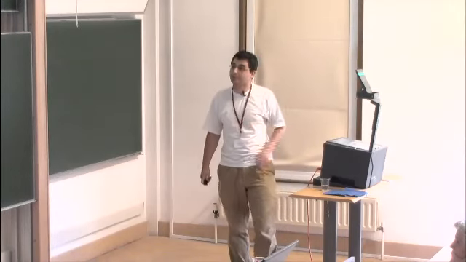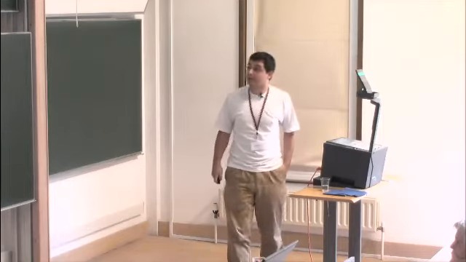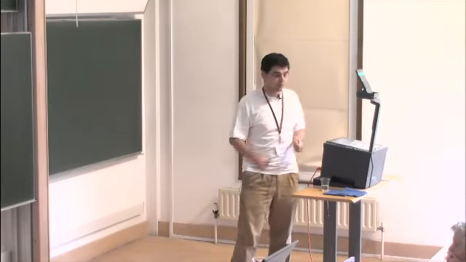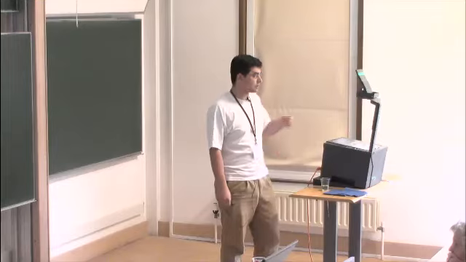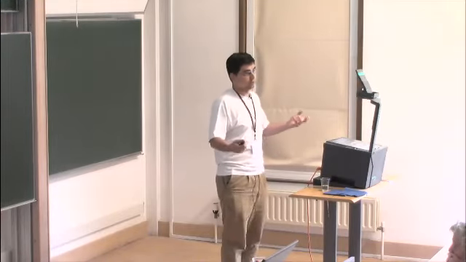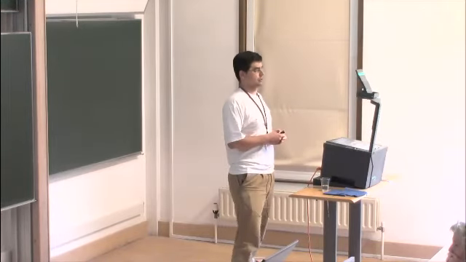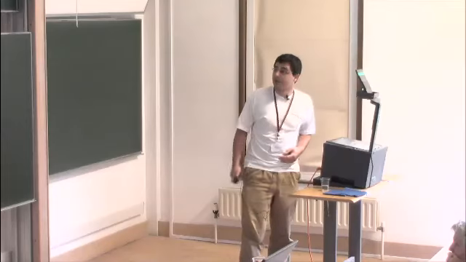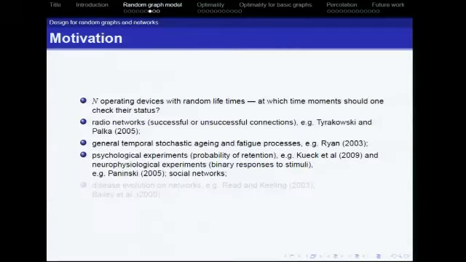More to the point, radio networks where we have successful and unsuccessful connections, and that will depend on the properties of nodes as transmitters or receivers, and possibly on the medium within which they operate, and also on the distance. Again, temporal processes, aging and fatigue processes. Where are graphs there?